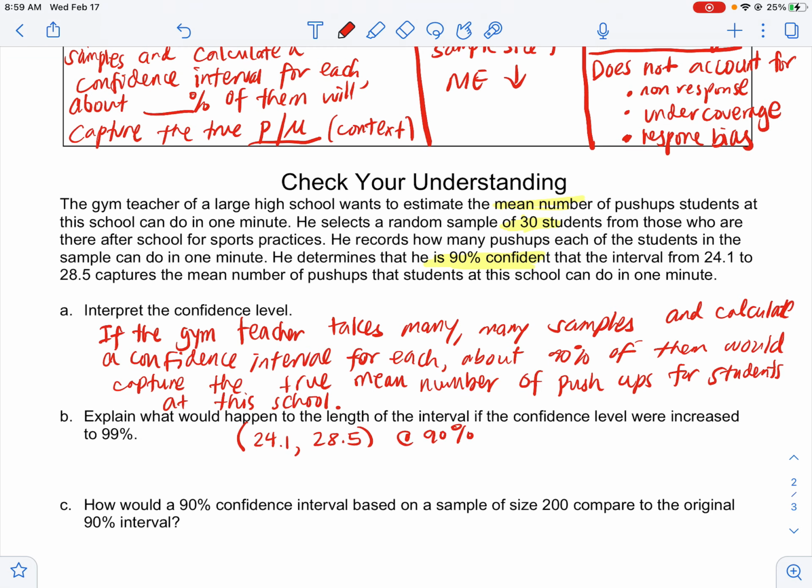If I increase it to a 99% confidence level, what would happen to the interval? We know that when we increase the confidence level, the interval gets wider, right? Because the margin of error would increase.